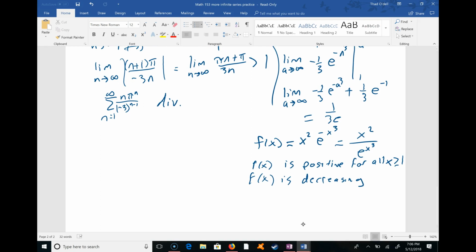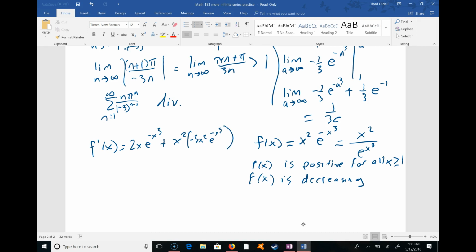So f prime of x is equal to 2x times e to the negative x cubed plus x squared times negative 3x squared times e to the negative x cubed.